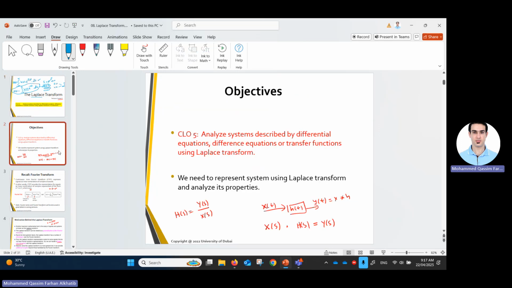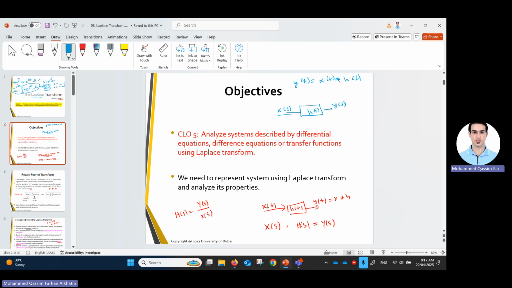So here is the objective of this lecture, something we already know from the Fourier transform. Assume you have a system h of t, and you have the input x of t and output y of t. The relationship between all these variables is that y of t equals x of t convolved with h of t.